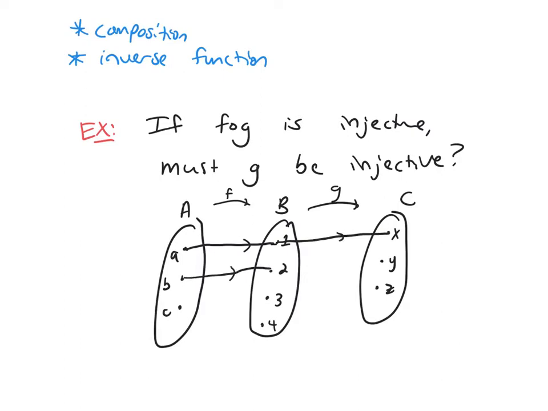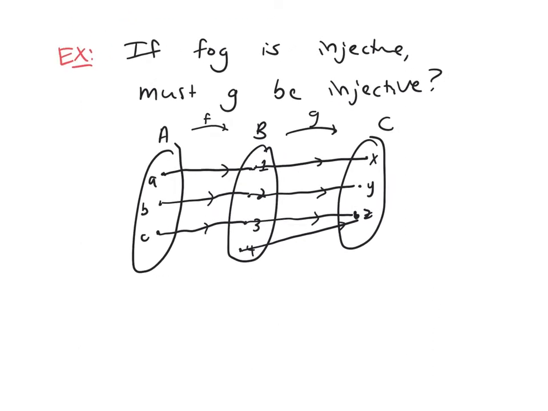So the easiest injective is to go straight across here. Now, in terms of our composition, it doesn't matter where this 4 goes to, because there's nothing coming in from A to 4. And so the answer is g does not have to be injective. I could send 4 to Z, and then g is definitely not injective, but the composition is.